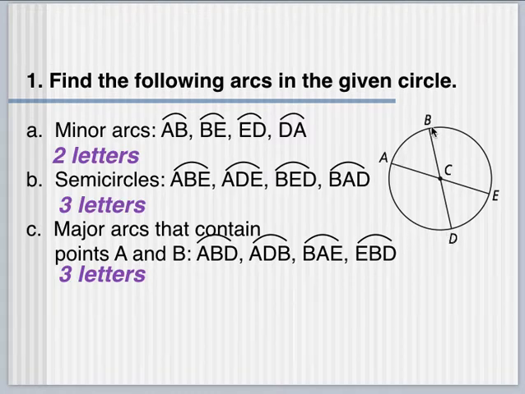I need three letters to specify that I'm going the longer way around. So I could call it either ABD, or I could call it AED. I would not use both B and E. I only need one of them to specify that I'm going this way around the circle instead of this way around the circle.